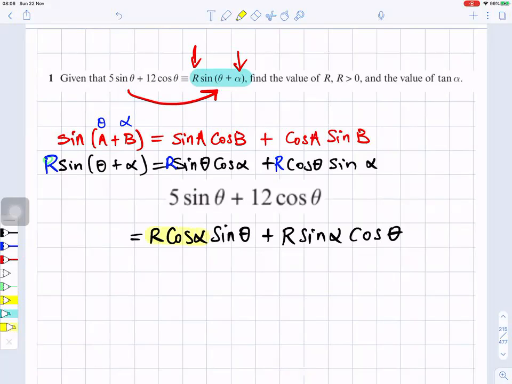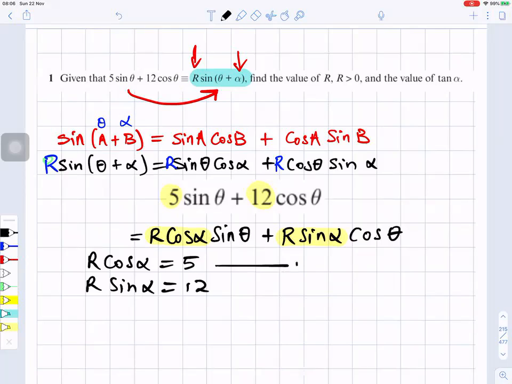If I compare them, I'll just highlight the part in yellow so you can see. Can you see that means 5 is equal to r cos alpha? And 12 is equal to r sine alpha. So you will write it as r cos alpha equals 5, r sine alpha equals 12, and you call that equation 1, equation 2.